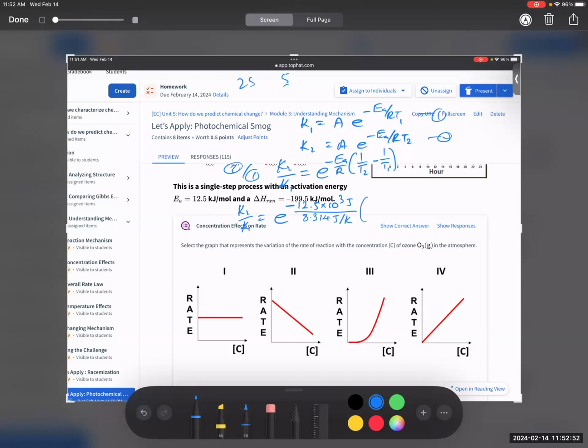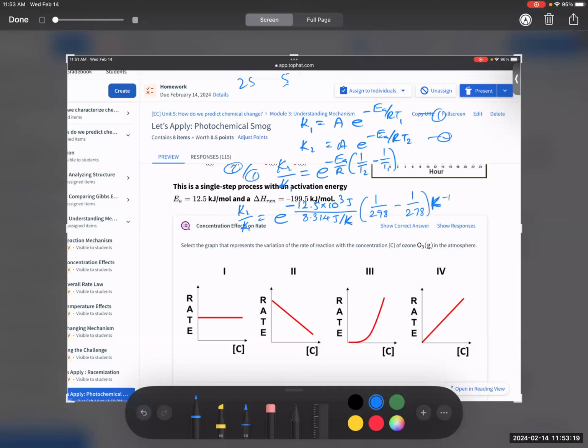And then the temperatures: T2 is 25 degrees Celsius, that should be 298 because 273 plus 25 is 298, minus 5 degrees Celsius, which is 278. Again, this is Kelvin, uppercase K.